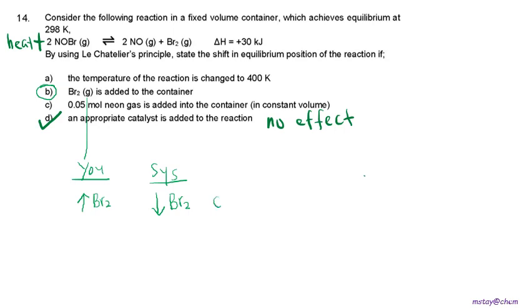So if the system reduces the concentration of Br2, the system needs to consume Br2, and Br2 will act as reactant. So refer back to the equation over here. If Br2 needs to be a reactant, the system has to shift to the left-hand side.